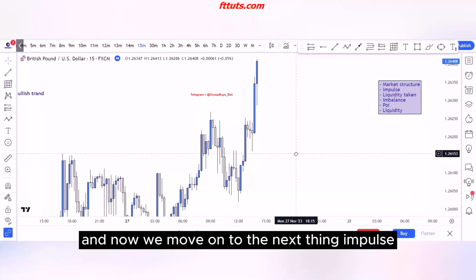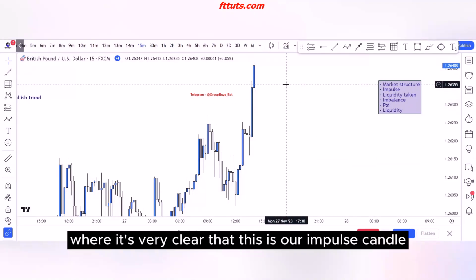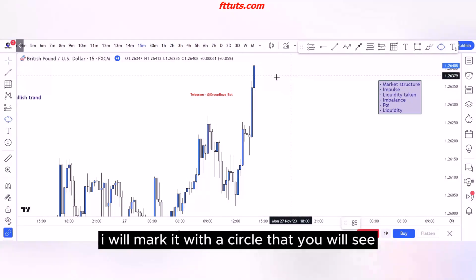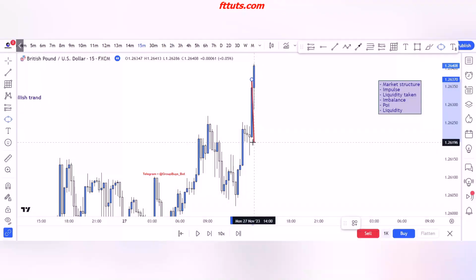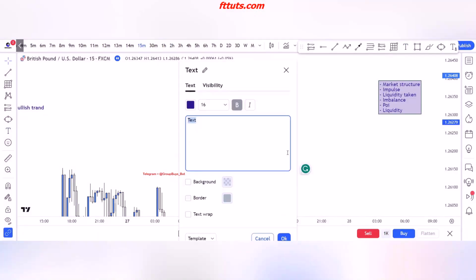And now we move on to the next thing, impulse. Well, it's very clear that this is our impulse candle. I will mark it with a circle that you will see. I will write it down.